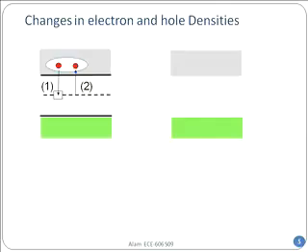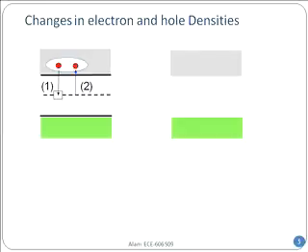Now let's think about it. The first is we want to look at the number of electrons. So we're focusing on, let's say, the conduction band on the top. And we want to see how many electrons come out and how many go in. Now, the only state that the conduction band exchanges electrons and holes with is the trap.